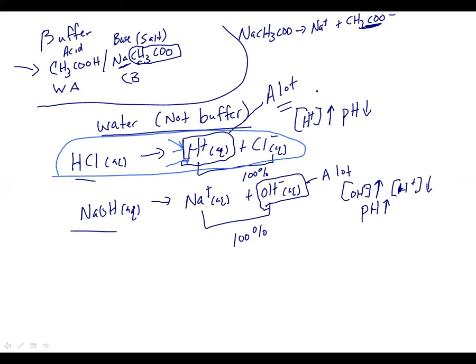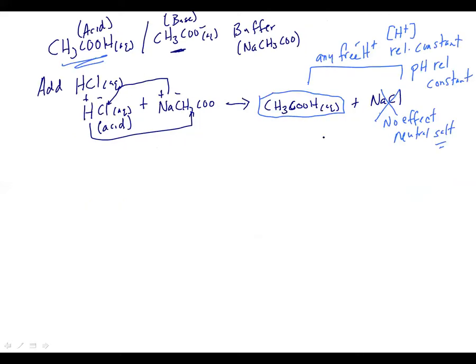And that really is what affects the pH, because if you remember, the pH is minus the log of the H plus concentration. And that H plus concentration is the free H plus concentration in the solution. So when we add that same acid to water, we make a ton of H plus, which has a very big effect on the pH.